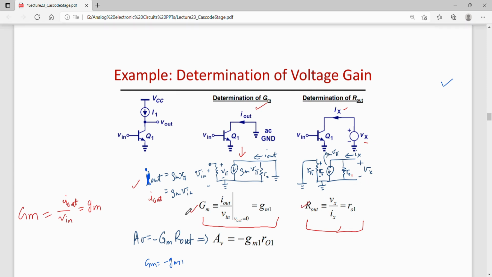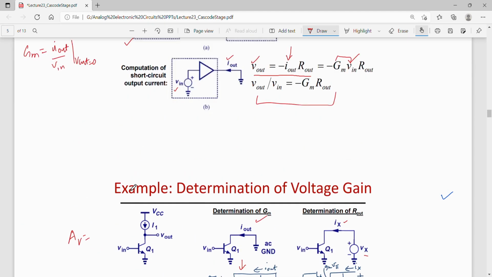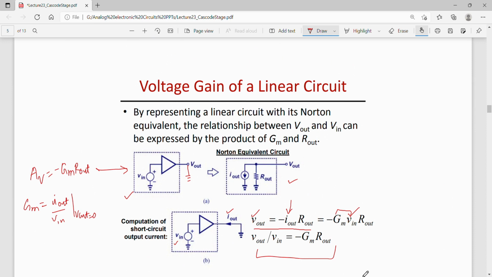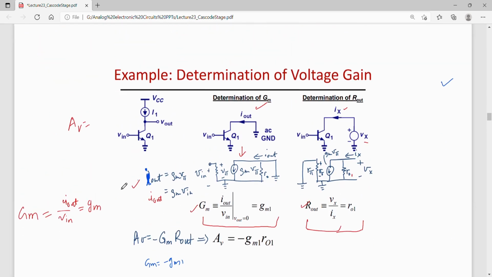Now for finding out the gain of this circuit, AV, we had said that the gain is minus GM times R out using short circuit transconductance. So here also the gain of this circuit would be equal to minus GM times R out.